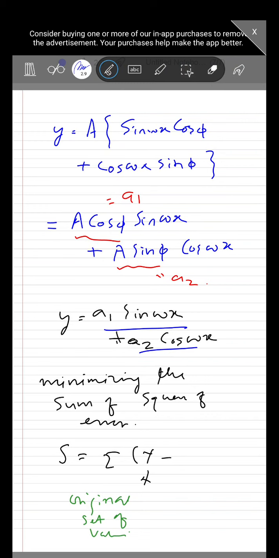So we can write it as a1 sine omega x plus a2 cos omega x.